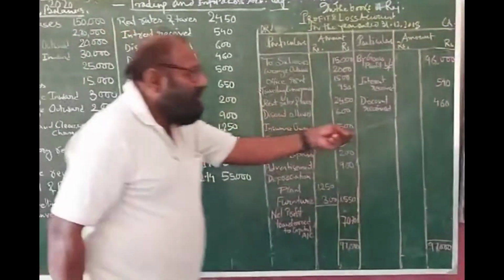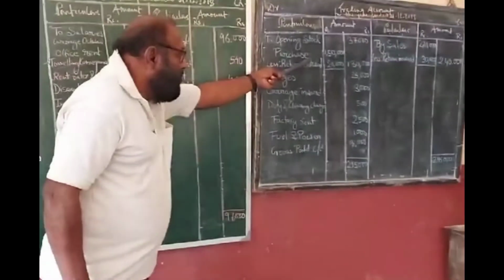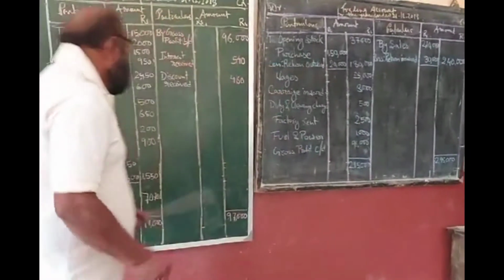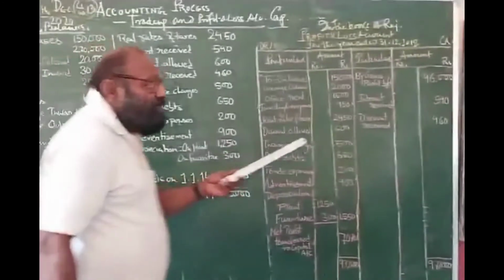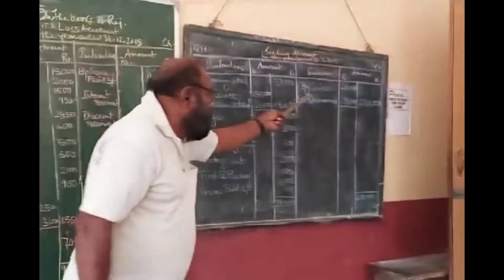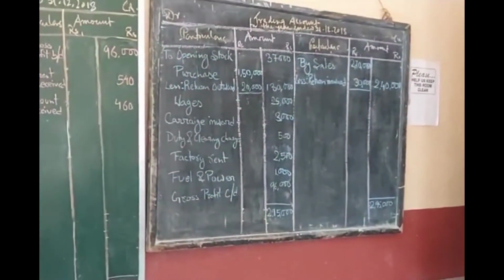In the trading account, here we have recorded purchase 1,50,000. Now see sales. Sales is the income, and sales is always credit, so it is on the credit side. Here I think there should not be any doubt. Return outward.